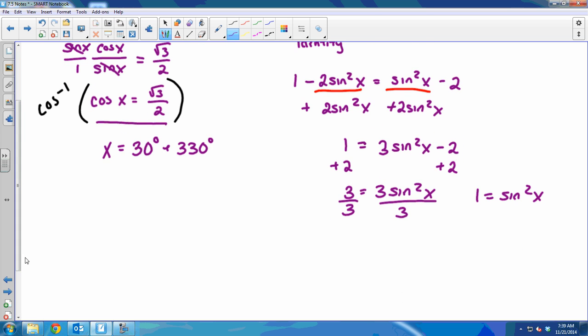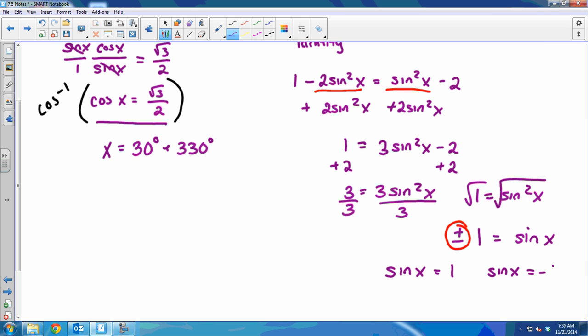So we would need to take the square root. So you get positive or negative 1. That's the piece that you guys are going to mess up on. When you take a square root, you get a positive or a negative. So I have 2 equations. I have sine x equals 1, and I have sine x equals negative 1.